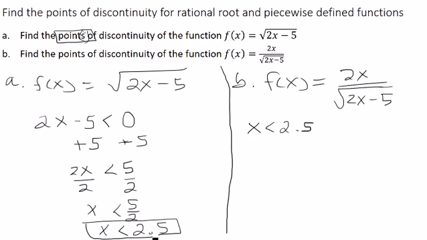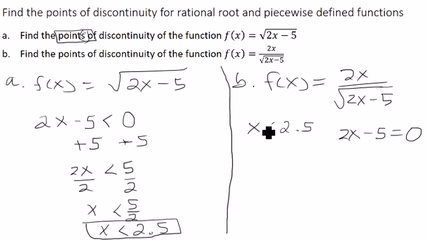But that only solves the case when this quantity inside the radical is strictly negative. In this case, we cannot even have a 0 for this whole thing, because the square root of 0 is also 0. So the other case you have to avoid is 2x minus 5 equals 0.